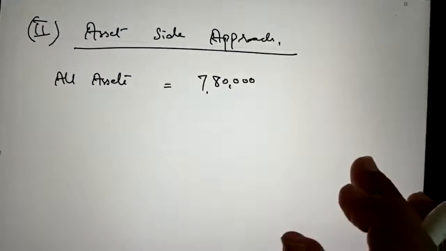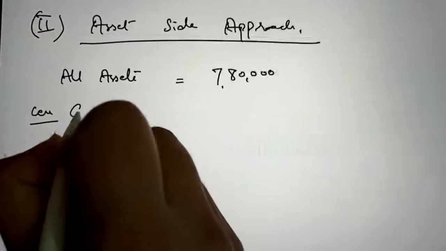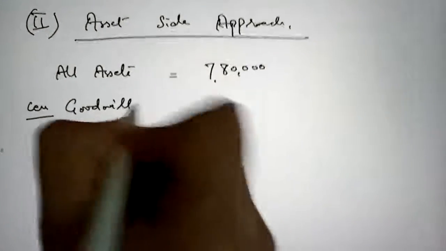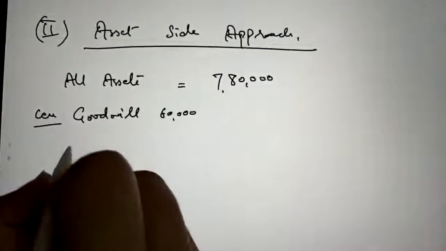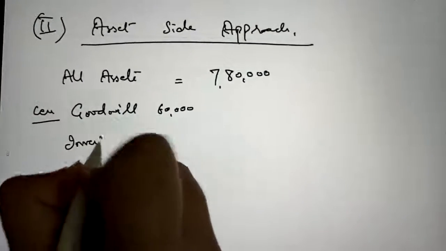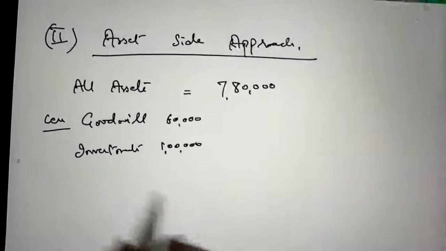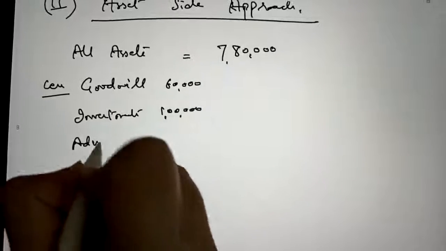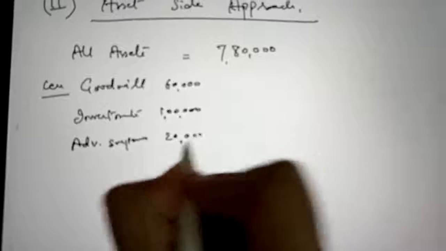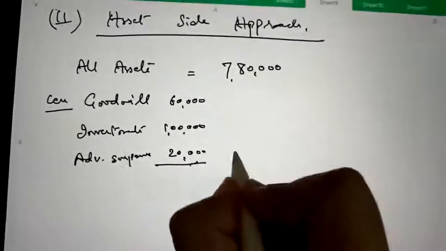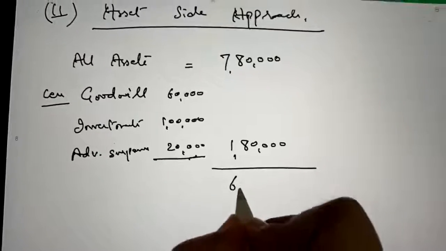But we will not consider goodwill, so we will deduct goodwill amounting to rupees 60,000. We will also deduct investments 1 lakh, and we will also deduct advertisement suspense account, that is 20,000. So we will deduct in total 1,80,000 from the total of assets. It comes 6 lakh.